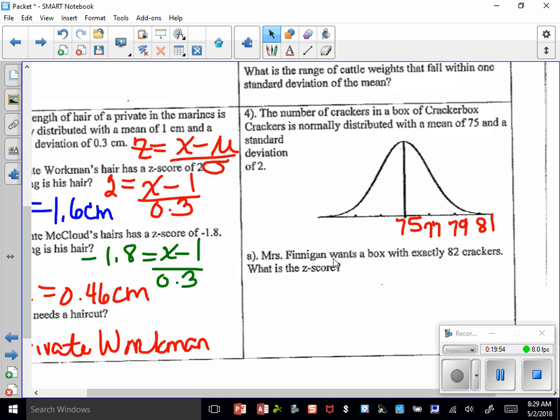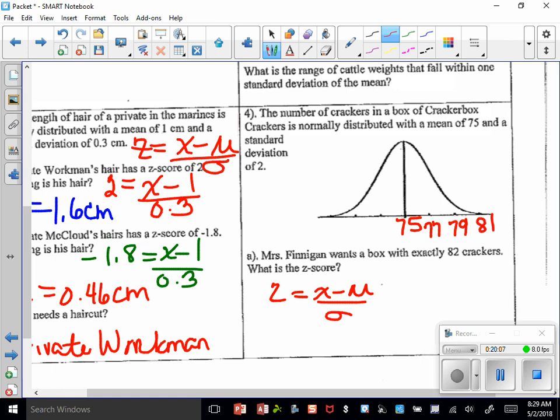Okay, so Mrs. Finnegan, she wants a box with exactly 82 crackers. So what is the z-score? So let's write down the z-score formula. Okay, so this is going to give me z equals 82 minus 75, because she wants 82, that's your data.